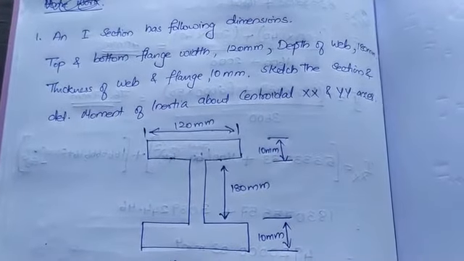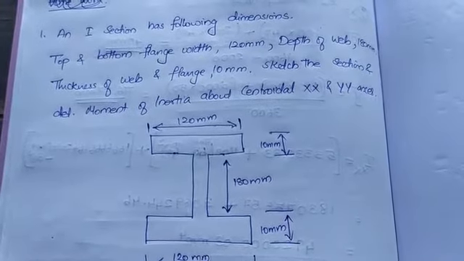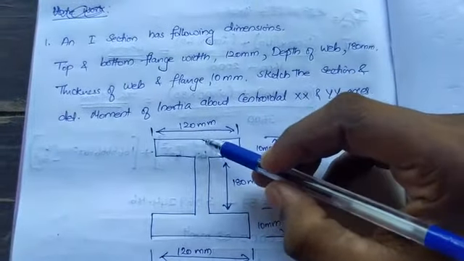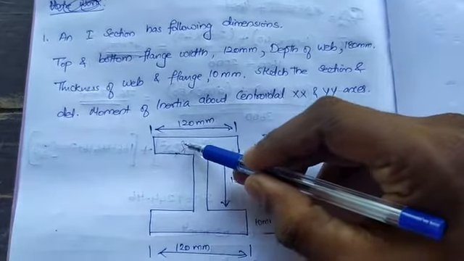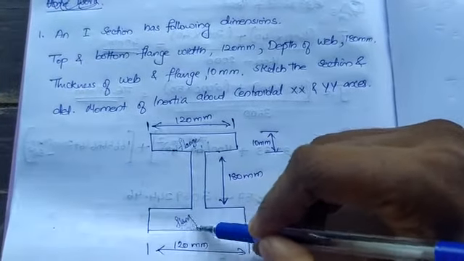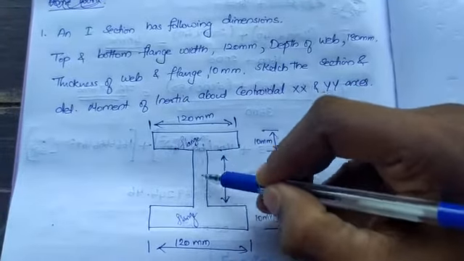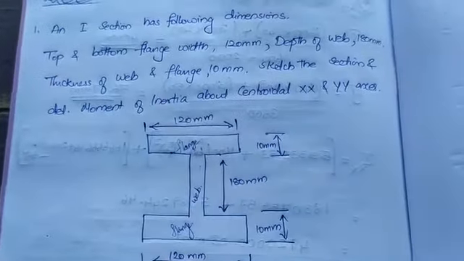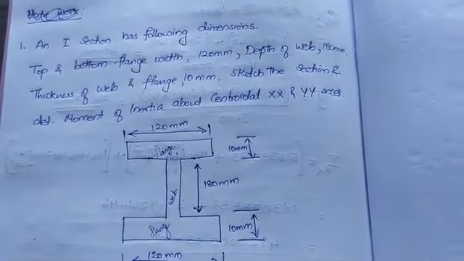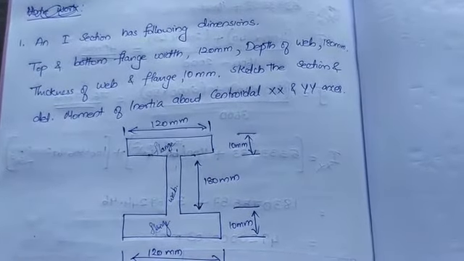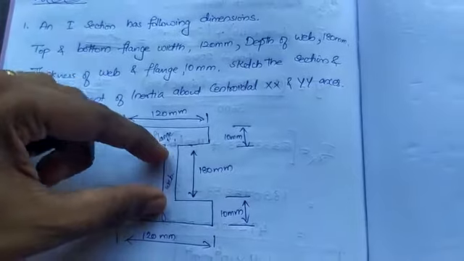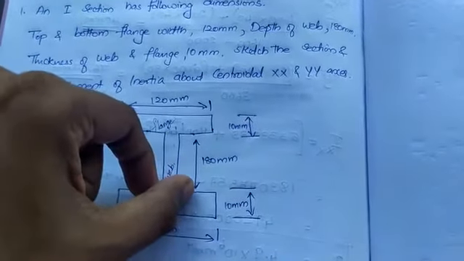An I section has the following dimensions. For an I section or T section, whatever it may be, these two parts are called the flange, and this part is called the web. The flange width is 120 mm, the depth of web is 180 mm, and the thickness of web is 10 mm.